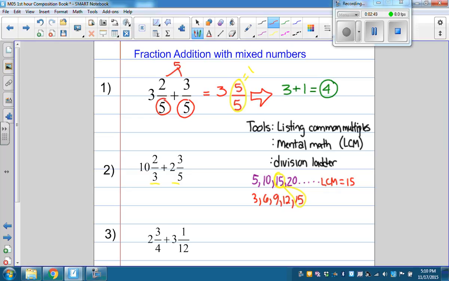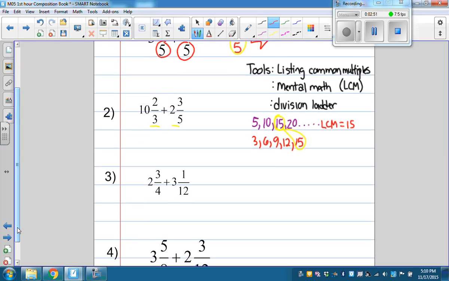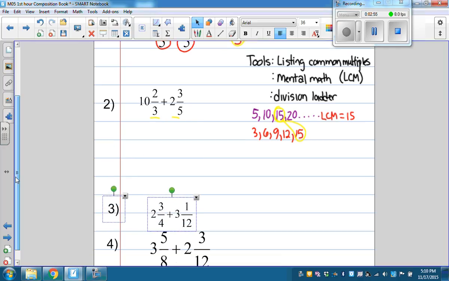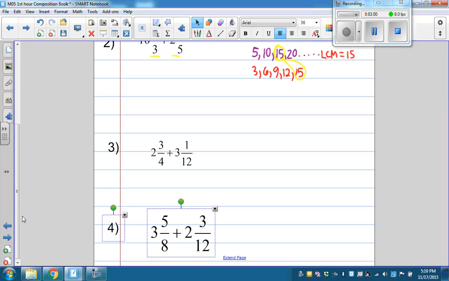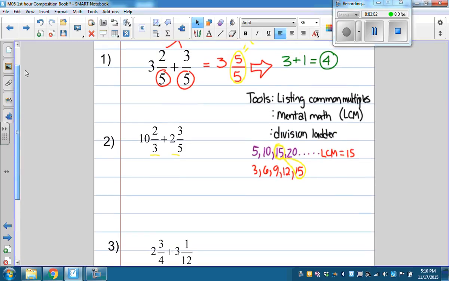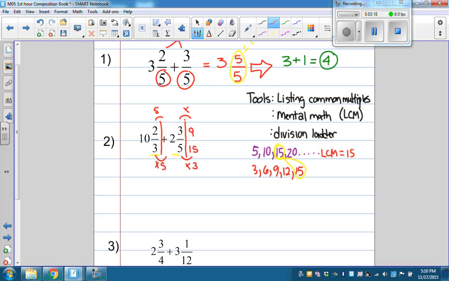So this is how we're going to do this. Make a little more room here. We'll get to those harder problems. You can just use that division ladder concept here, multiplying the top and bottom by 3 here to get 15 and 9, and multiplying the top and bottom by 5 here to get 10 and 15.